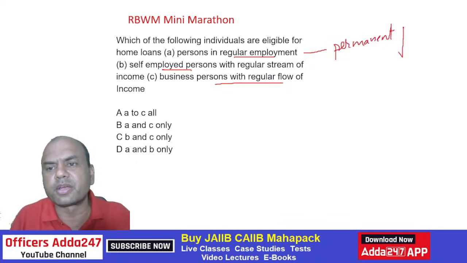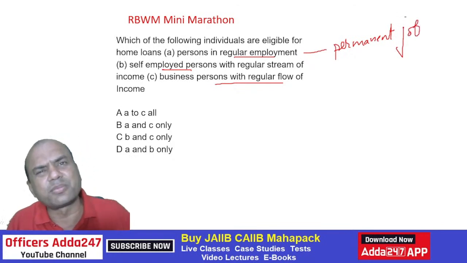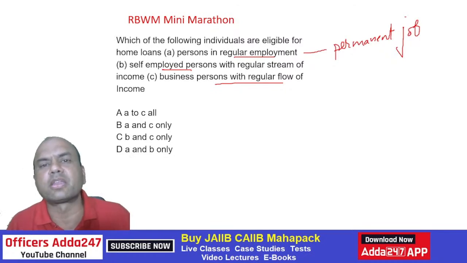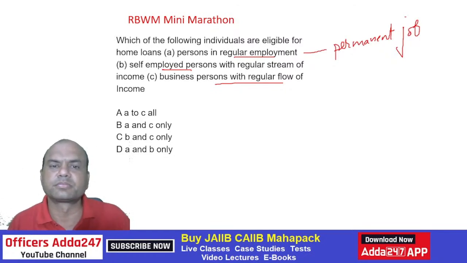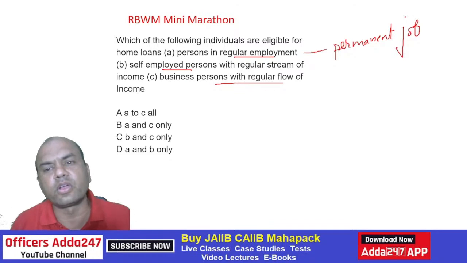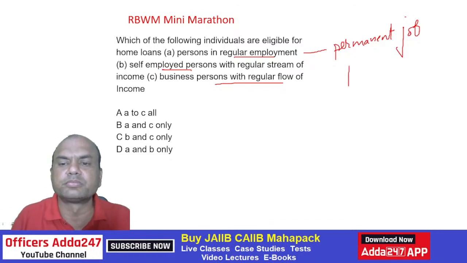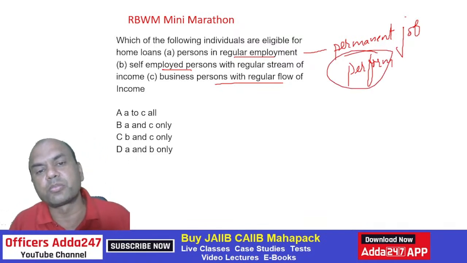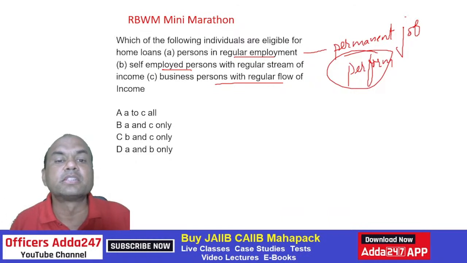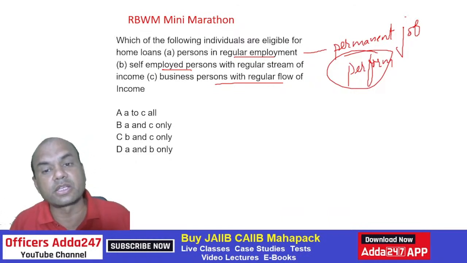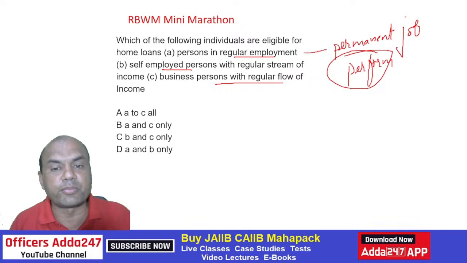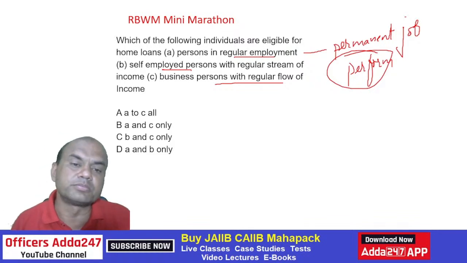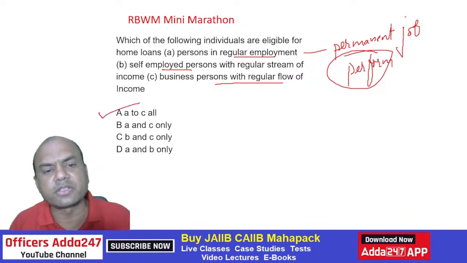There's nothing permanent nowadays, whether government or private, anywhere. There's no permanent job, because you always have to perform to survive. Performance is the key criterion over here. So all of them, isn't it? A to C all.